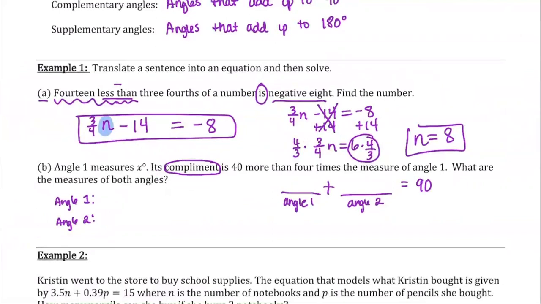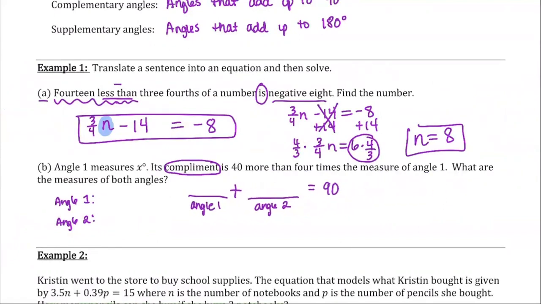Now, to fill in those blanks, we need to figure out what those two angles actually are. So if I shift this over just a little bit, it tells me, first of all, that angle 1 measures x degrees. So I already know that angle 1 is going to be represented by x.